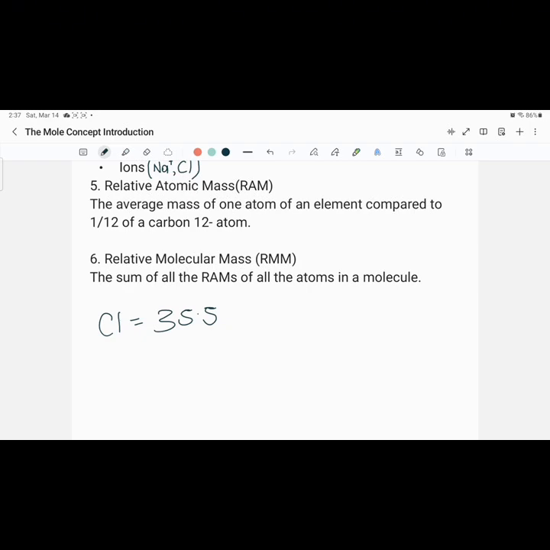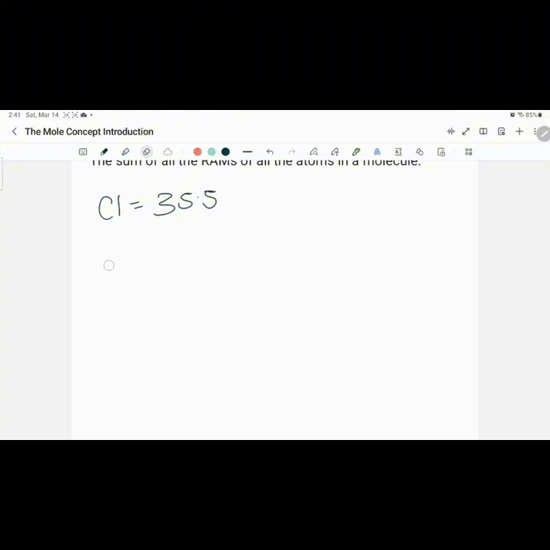Because it has isotopes. Not all elements have isotopes. So for some of the elements you have to find the average RAM of them, and some of them you don't. Let's say we have a molecule like water, H2O.